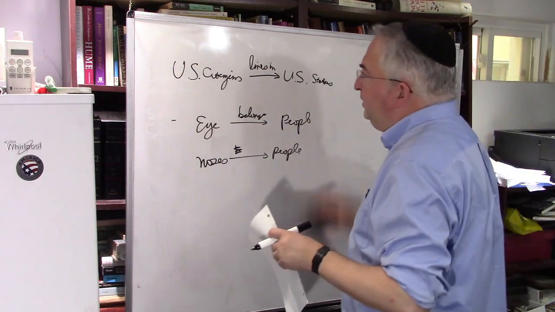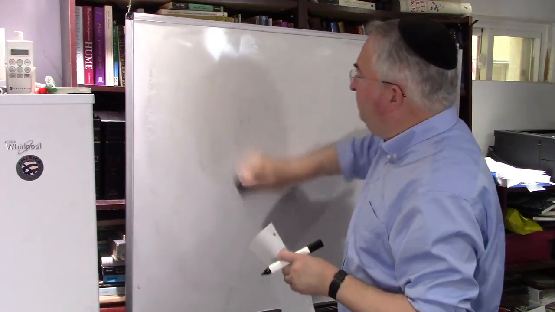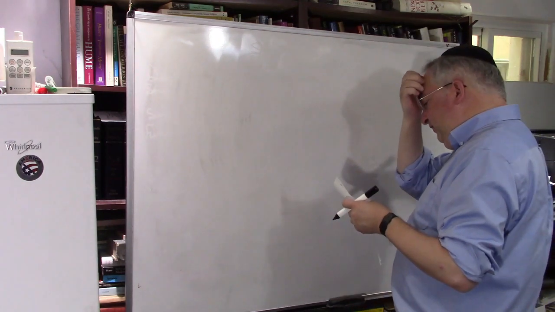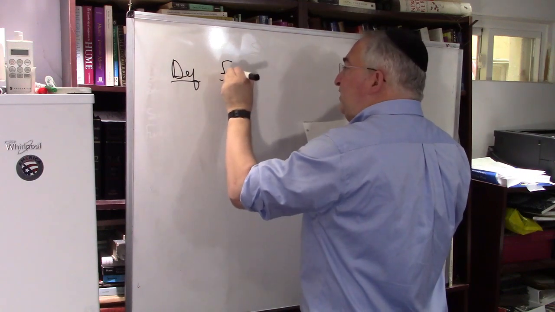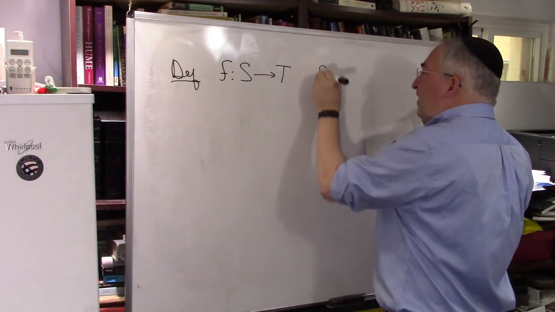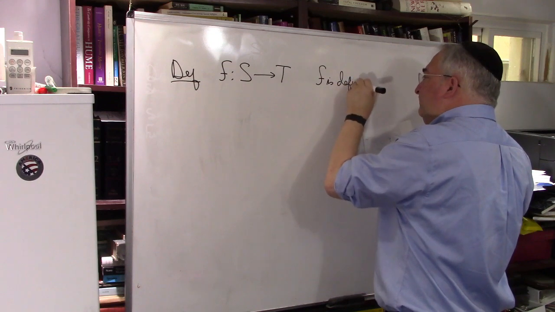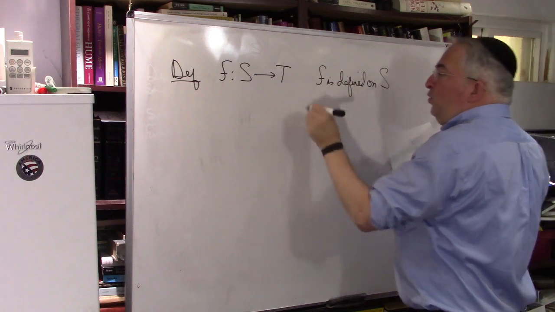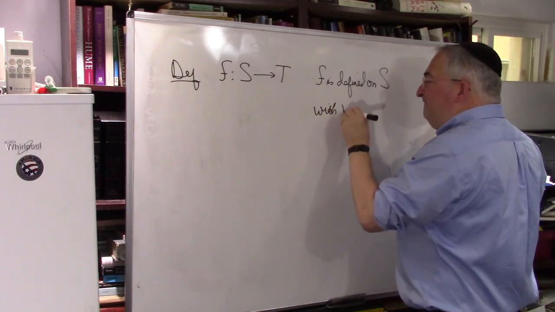Okay, so now that we have the intuition of what a function is, let's do some more definitions. Definition. Let's say you have a function f from S to T. Okay, f is defined on S with values in T. This is just English.